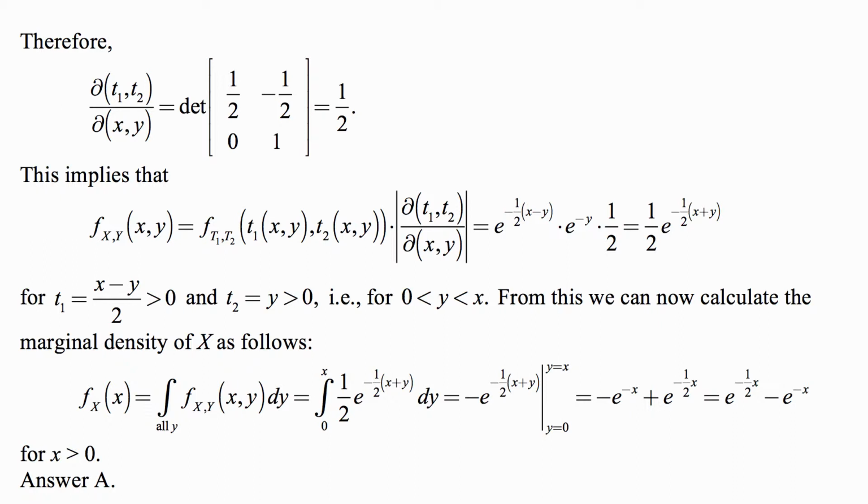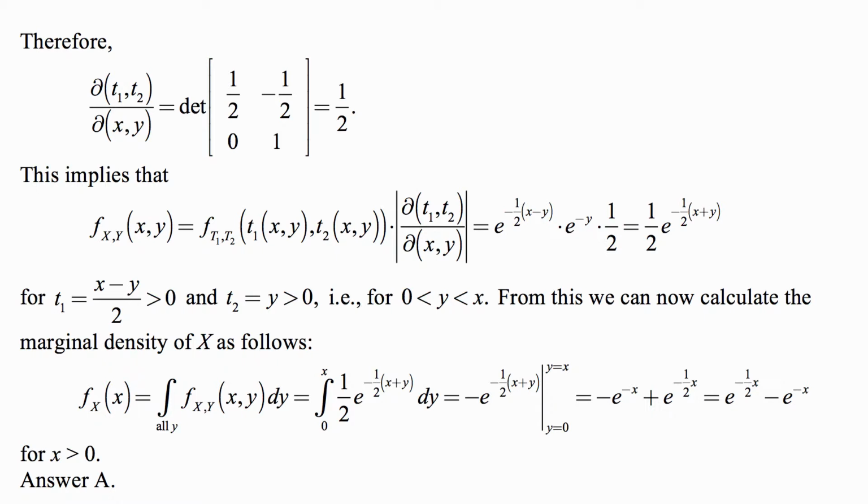Well, the density of T1 is e to the minus T1, but T1 is equal to 1/2 of (X minus Y). So we have e to the minus 1/2 (X minus Y), the minus coming from e to the minus T1.